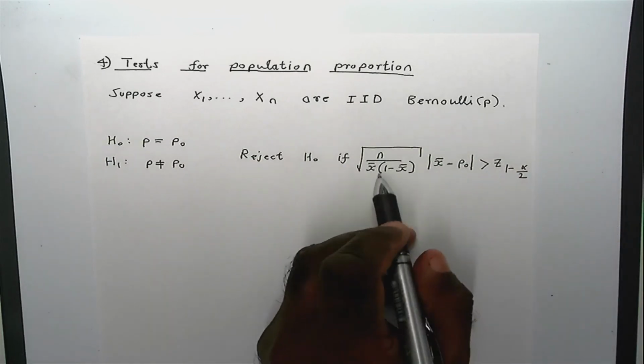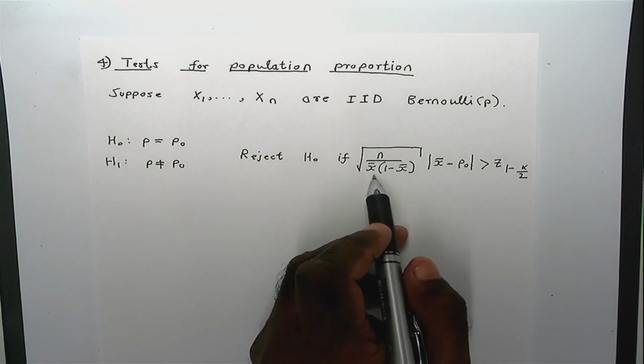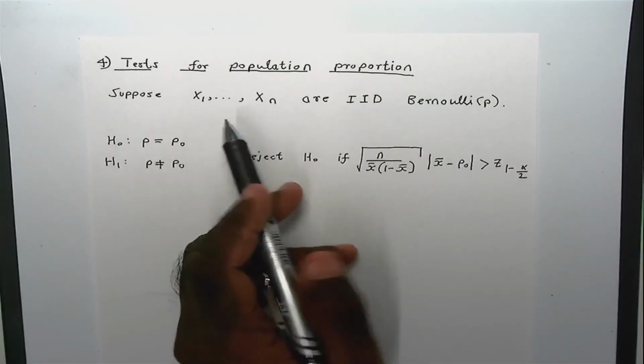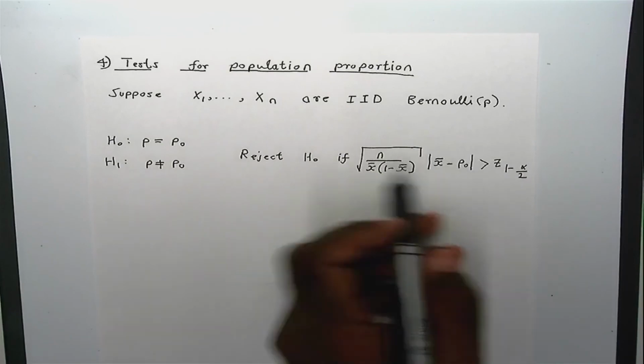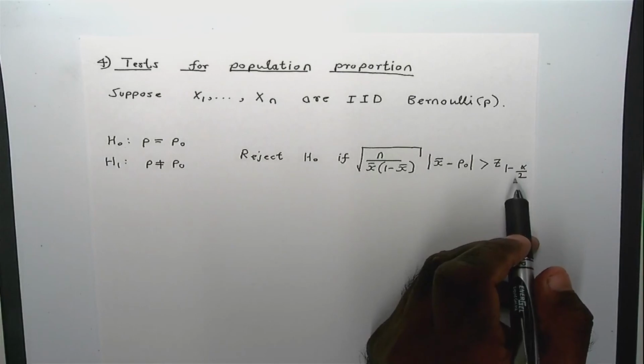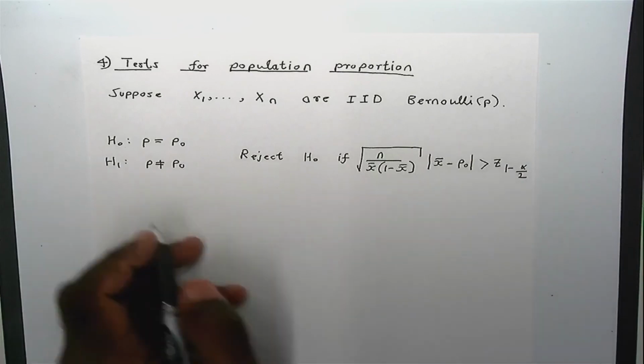So n is the sample size, x bar is the sample proportion, in other words, the average of these values. P0 is given, and this is the percentile of the standard normal distribution, right?